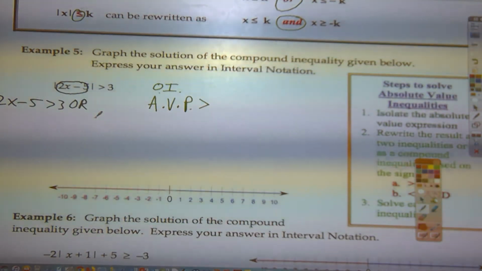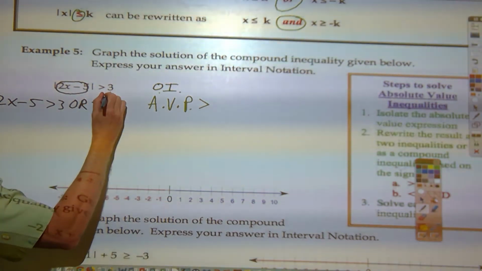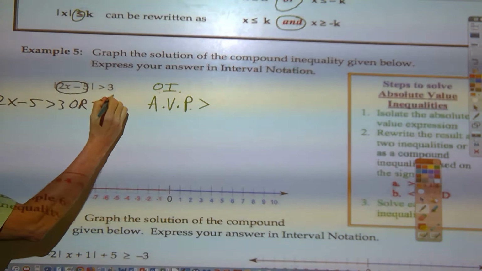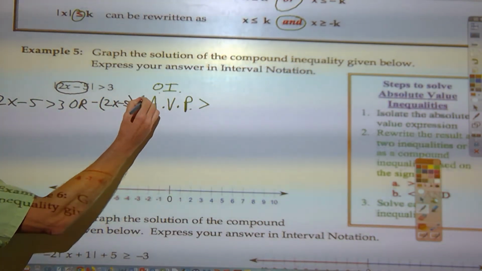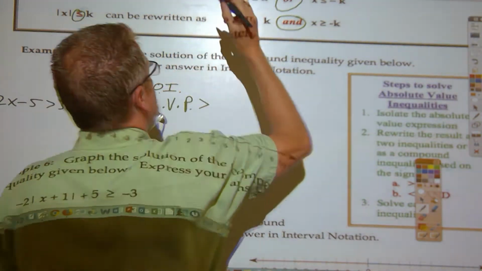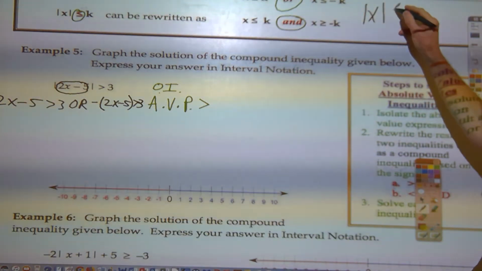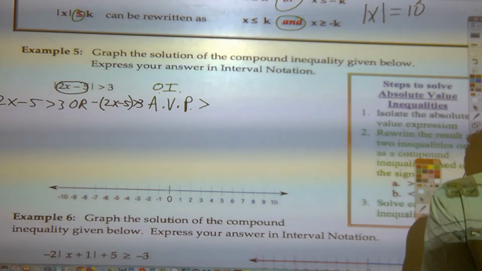This is an or problem. Or the opposite of that blob, that number, that expression, negative, parentheses, 2x minus 5 is greater than 3. Here's the thinking. Like for example, when you have the absolute value of a number x is equal to 10, there are two cases.